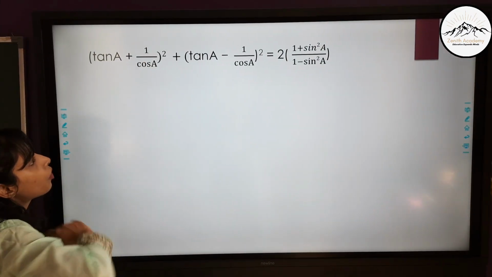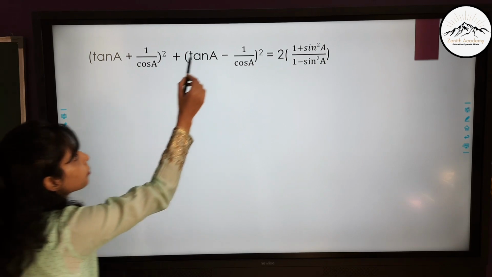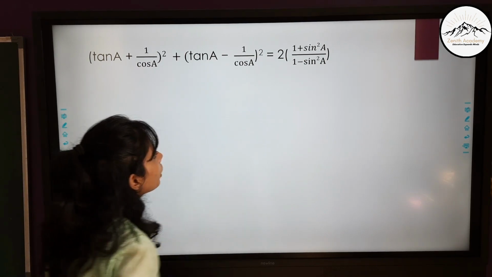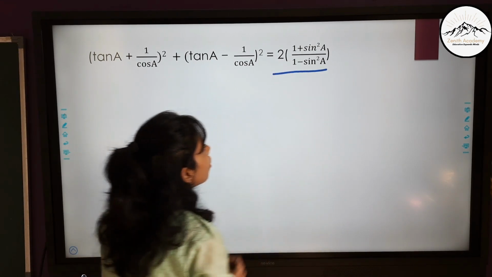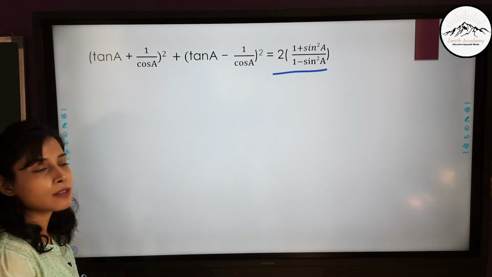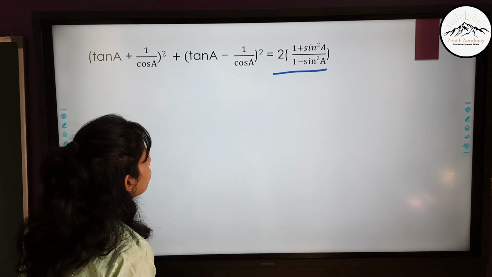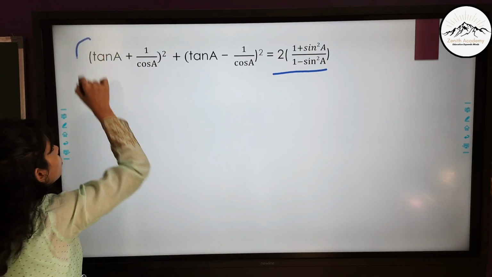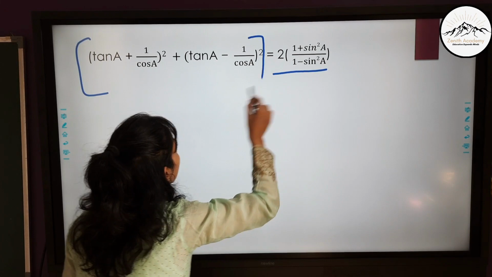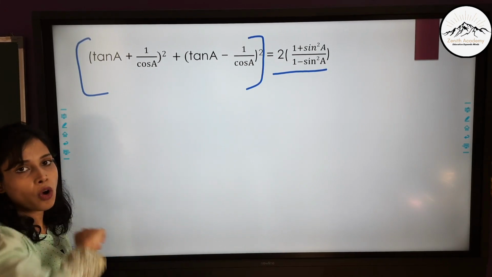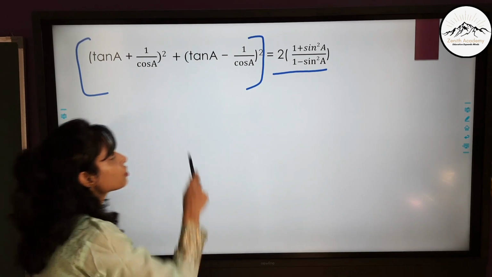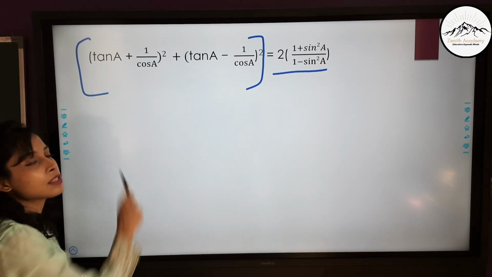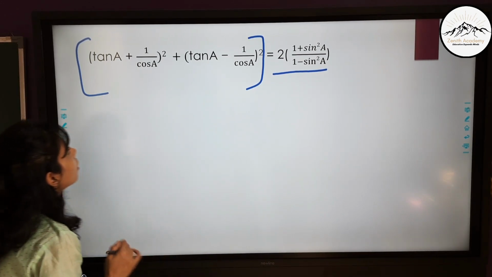Tan a plus 1 upon cos a whole square plus tan a minus 1 upon cos a whole square is equal to 2 into 1 plus sine square a upon 1 minus sine square a. Now see, if we take this whole LHS, this is in terms of tan and cos, and what we need, the answer is in terms of sine. So we need to convert all these terms into sine.